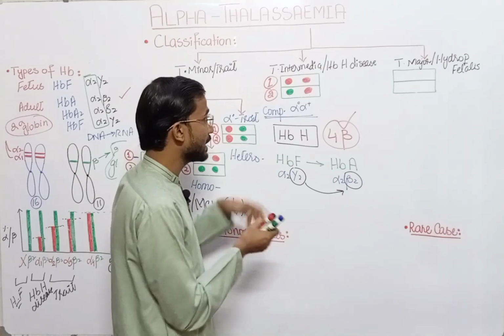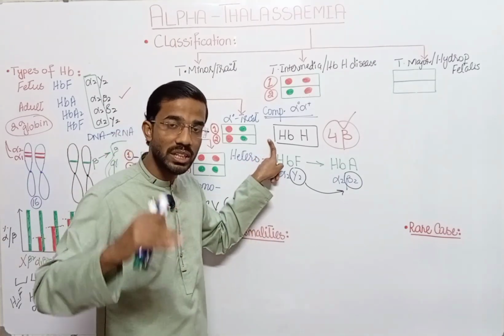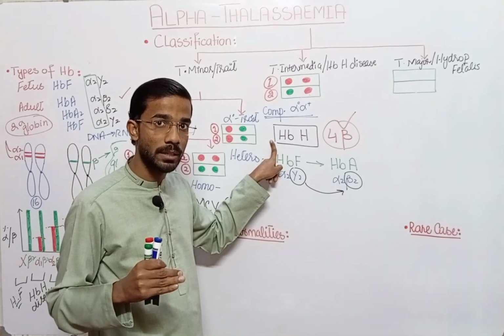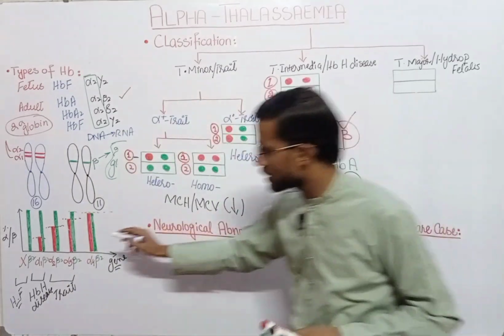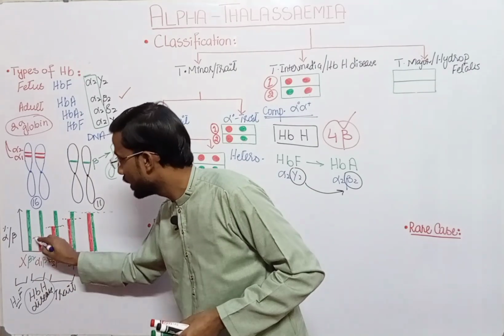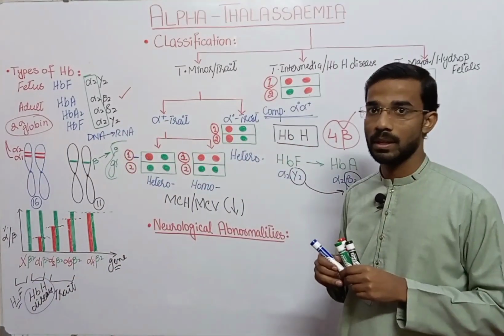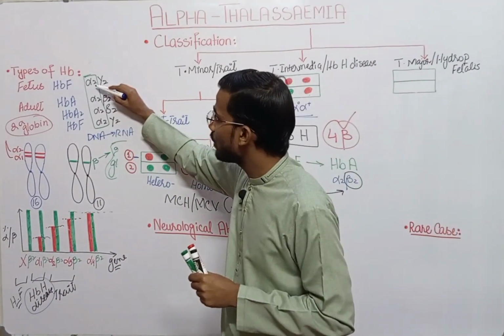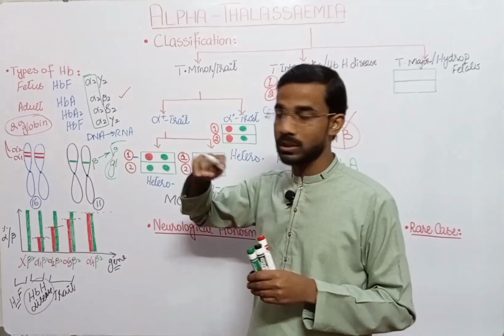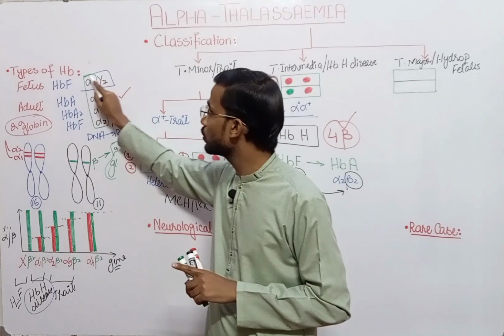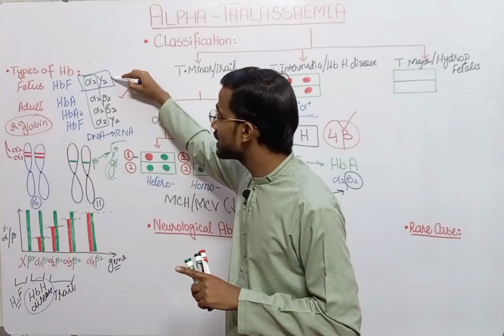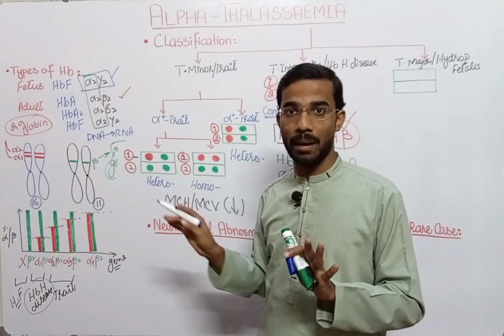So in that situation, there is a reduction in the alpha globin chain. Here you see that this is the case of HbH disease, reduction in the alpha chain. In the fetal state, the alpha chain will combine with the gamma and compensate.